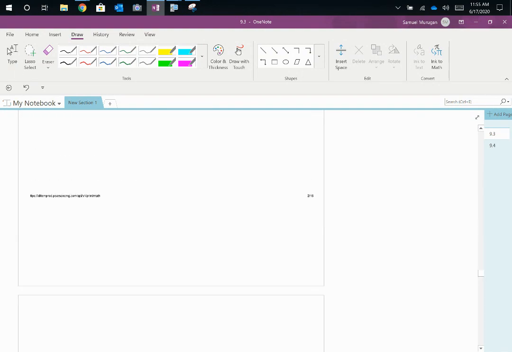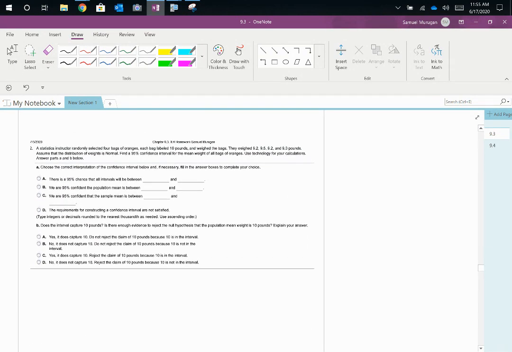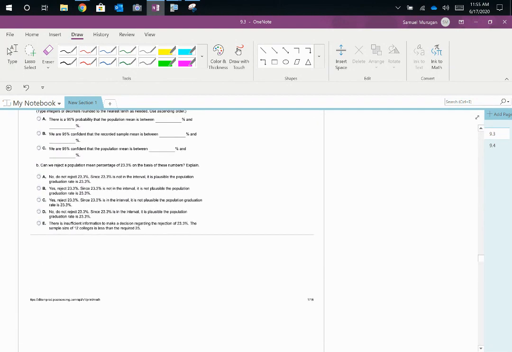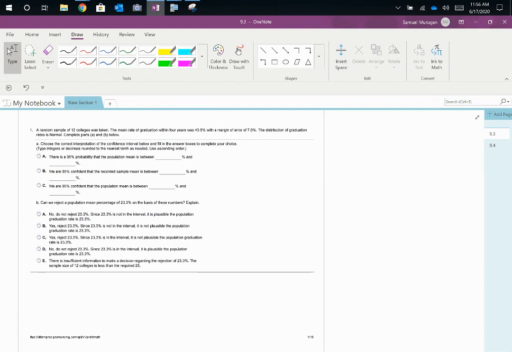Okay, all right, let's look at some of these problems. So these are the printout from the homework. A random sample of 12 colleges were taken. The mean graduation rate of graduation within 4 years was 43.6% with a margin of error of 7.